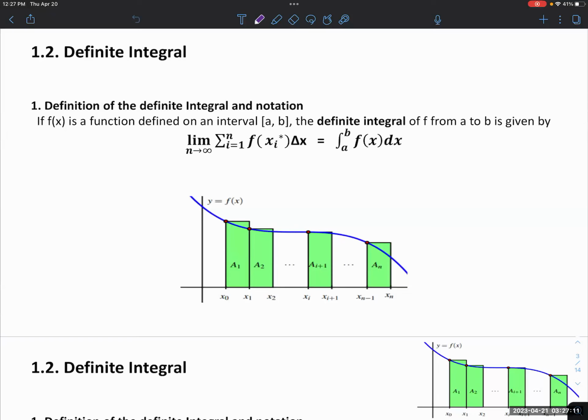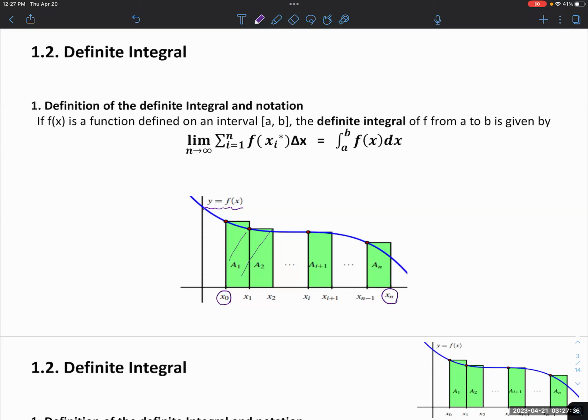A long time ago, many people were wondering, am I able to find the area under the curve? Let's say you have a function y equals f of x. It could be linear, quadratic, or polynomial. Let's assume there's a function that looks like the blue line, and your goal is to find the area from x0 to xn.